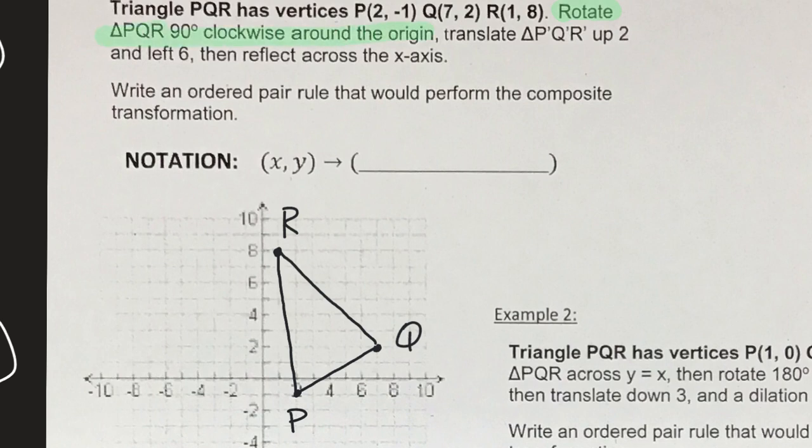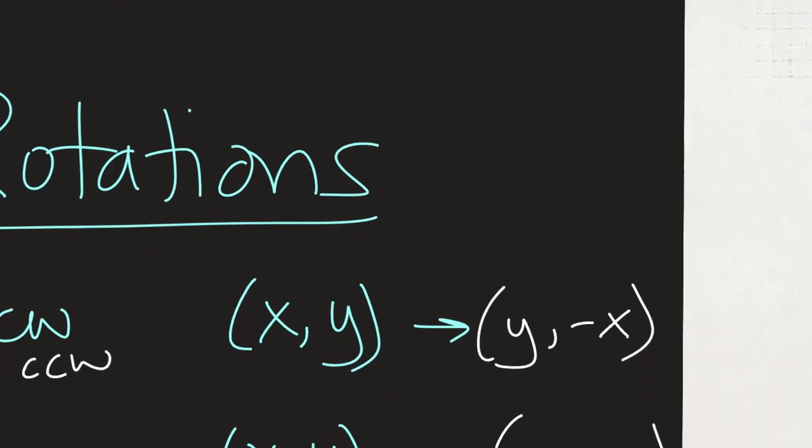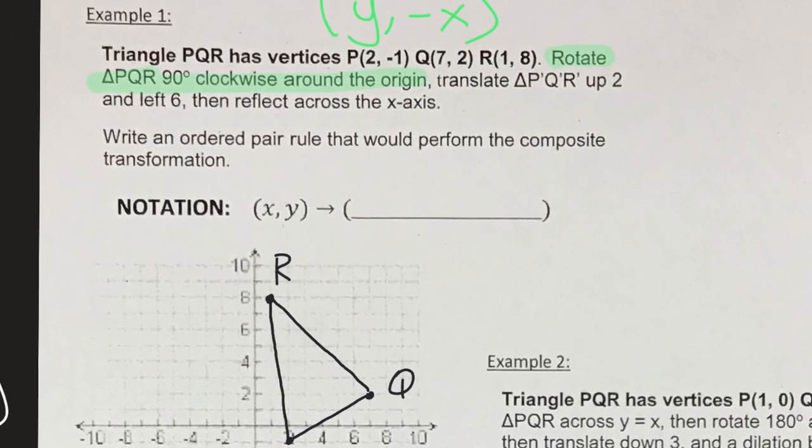A 90-degree clockwise rotation, if we remember, means that we're going to take all of our points, switch positions, and make the x coordinate negative. Let's see if that's right. Rotations, yes, switch the coordinates and make the x ones negative.